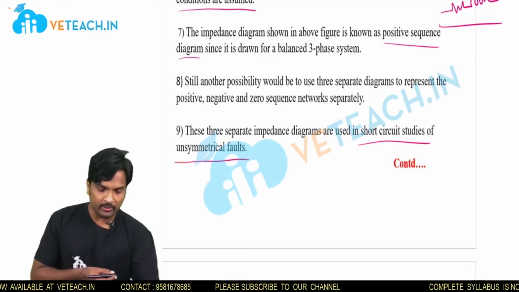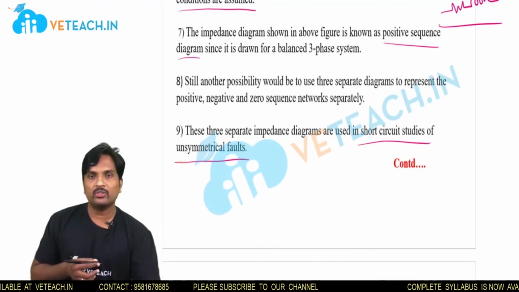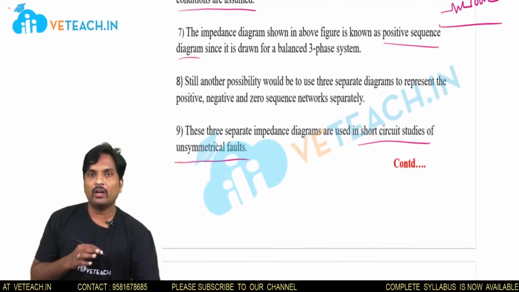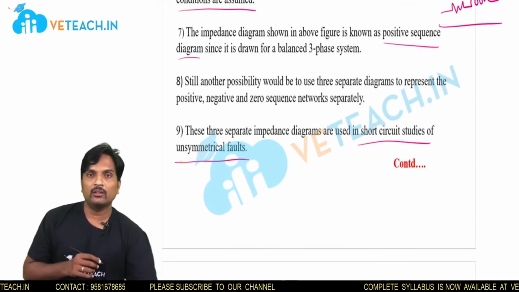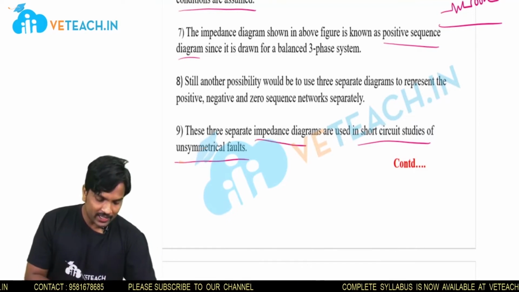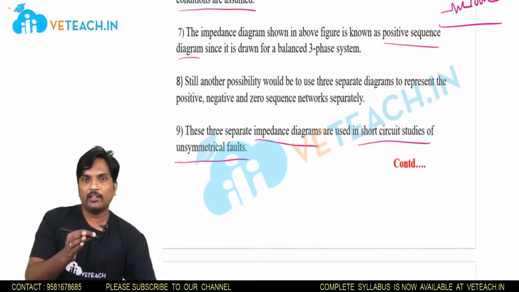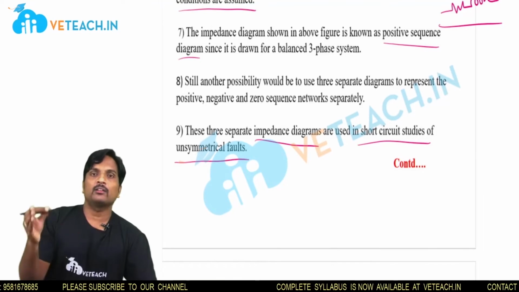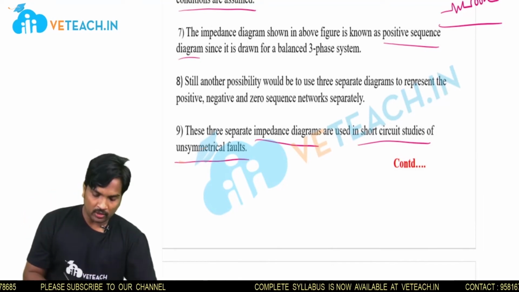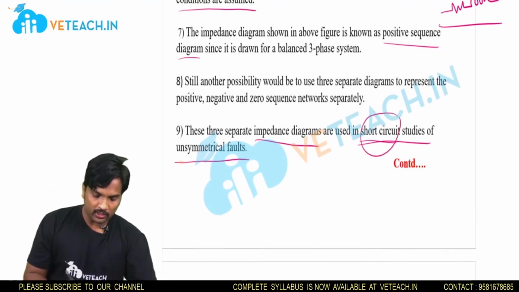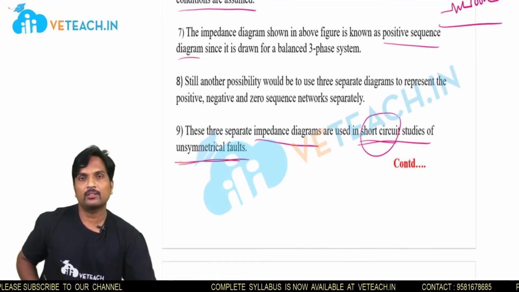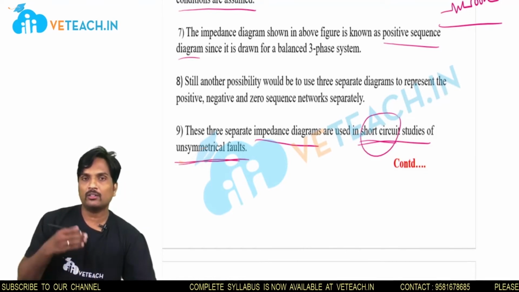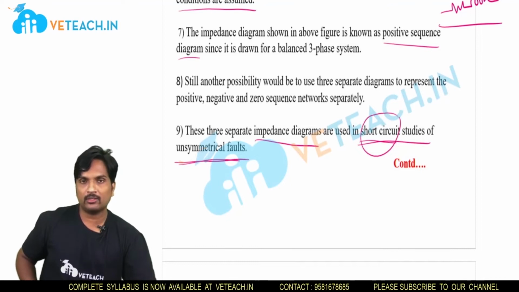We will see all these unsymmetrical faults and what short circuit studies mean in the upcoming chapters. No need to worry about it. Impedance diagrams can be divided into three networks, positive, negative and zero, for calculating the short circuit values in unsymmetrical faults.